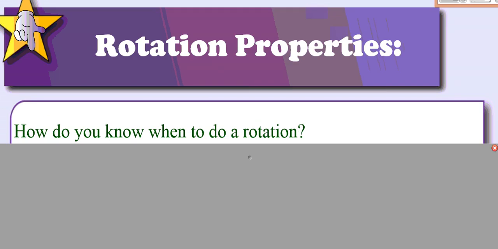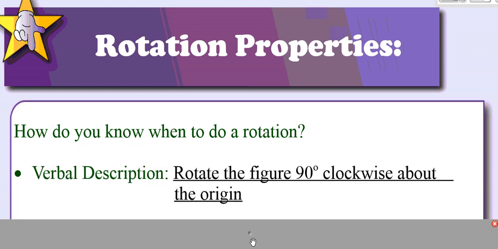So how do you know when to do a rotation? The most obvious way, it's going to say rotate it. It'll tell you how many degrees and what direction, clockwise or counterclockwise. So clockwise, if you have a ticking clock around you anywhere, just watch the second hand for a couple of seconds and you'll see which way is clockwise.